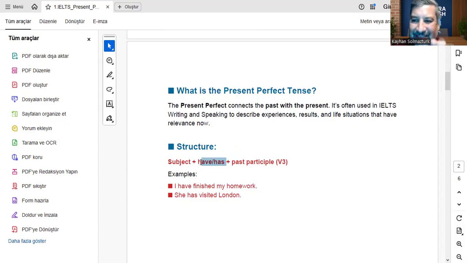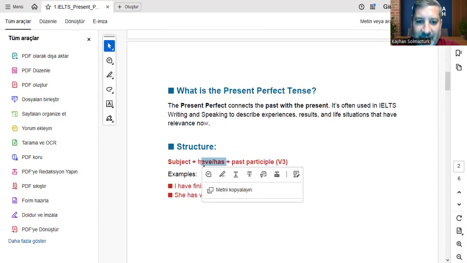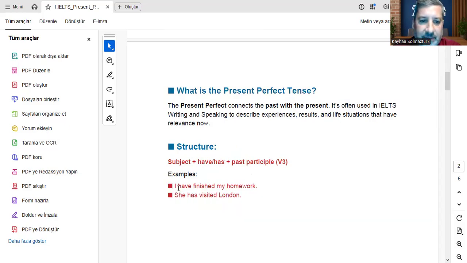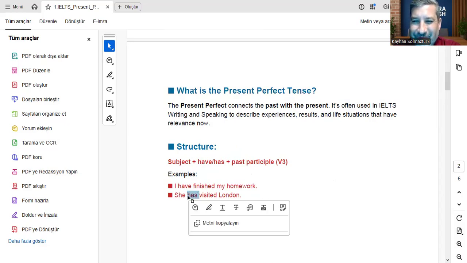So in this kind of situation, we have to make the subject and the auxiliary verb agree with each other. So be careful. Here I is the subject and have is the auxiliary verb, and here she is the subject and has is the auxiliary verb.